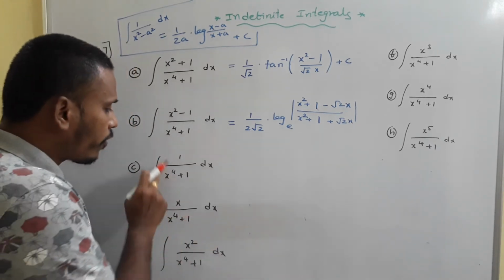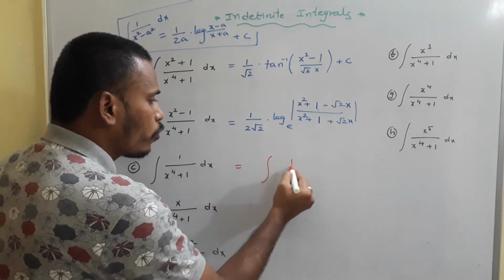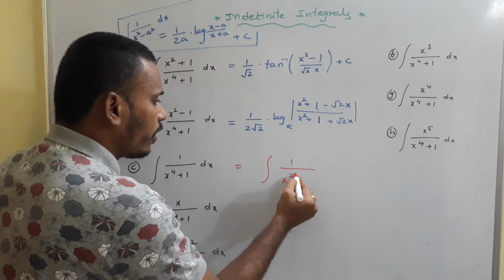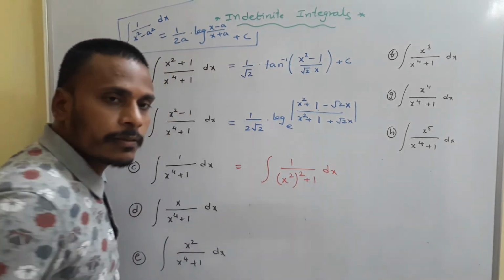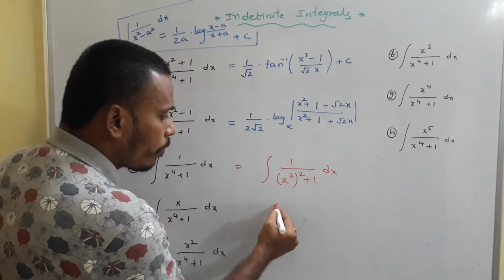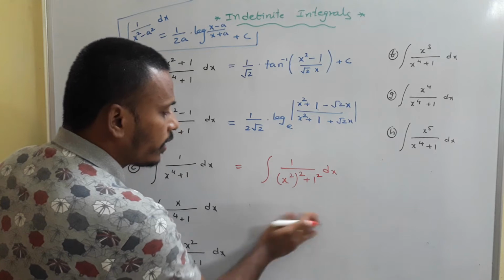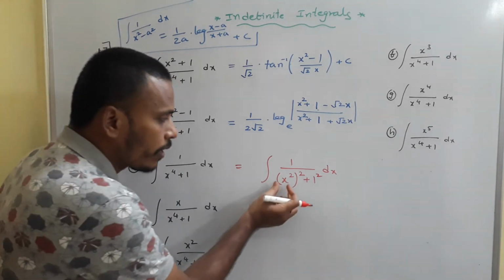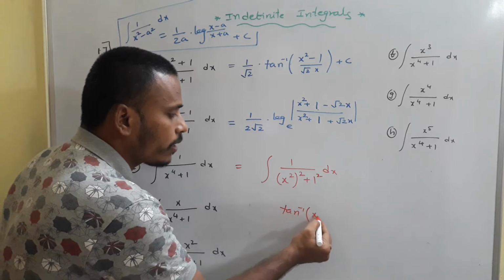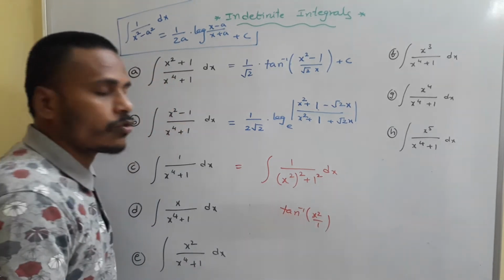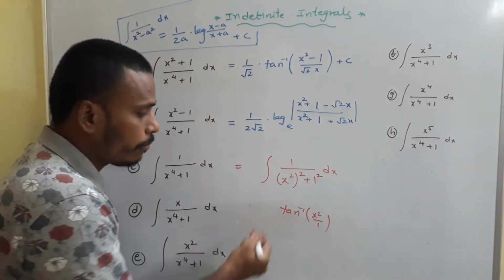Usually if you have this type of problem, some of you may get confused and write it like this: integral 1 by x square whole square plus 1 dx. It is of the form of something square plus 1 square, and you may expect the answer as tan inverse of x square, but it is not correct.